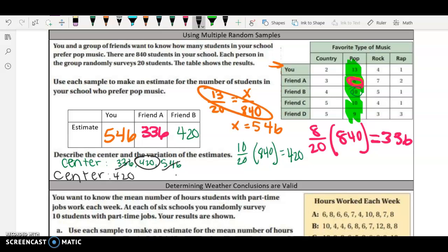And then our variation is our big minus small. So we're going to do 546 minus 336, and we get 210 is our variation. So from our smallest number to our biggest number, it is 210.